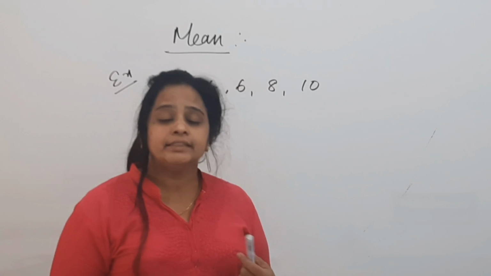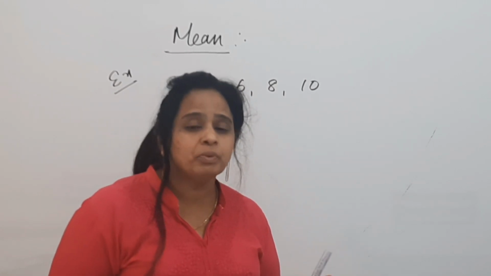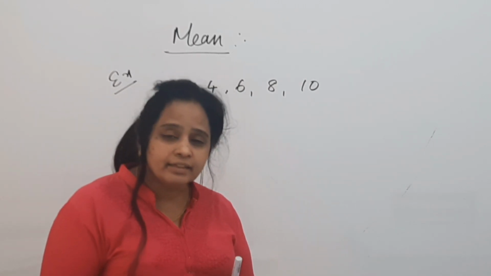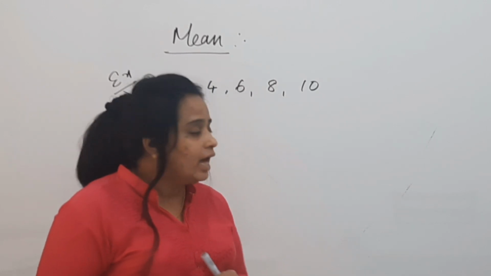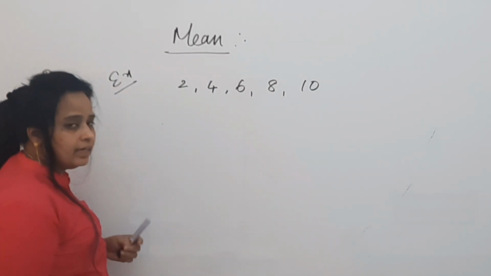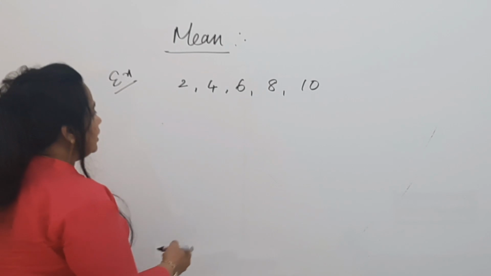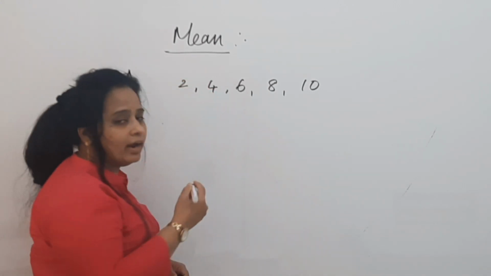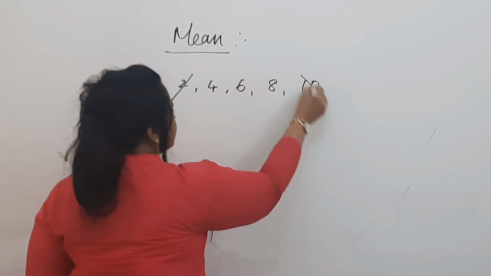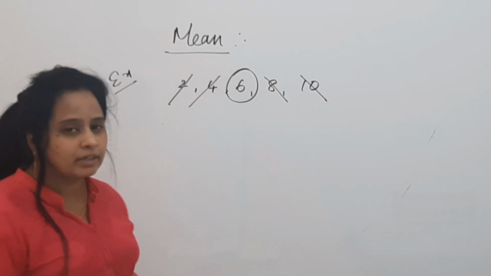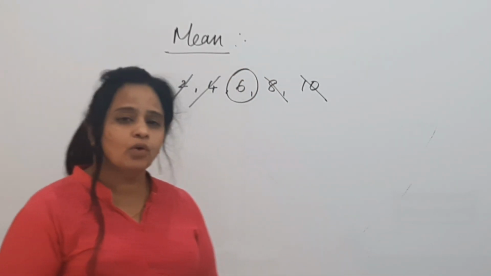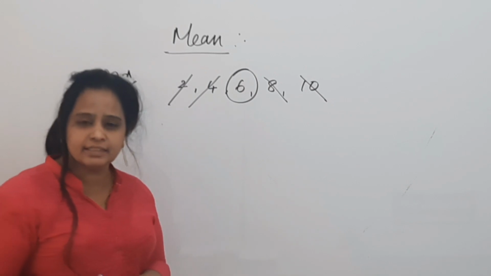Because the data given must be arranged in either ascending or descending order. Now it's already in ascending order, so my median is the middle value. So cancel this side, this side, and the middle value is your median. So here the median is 6.